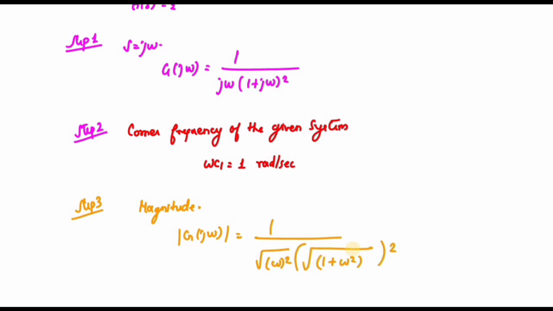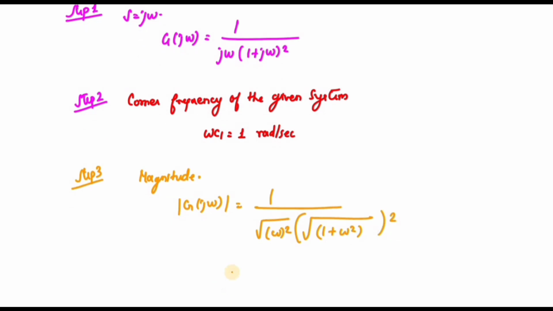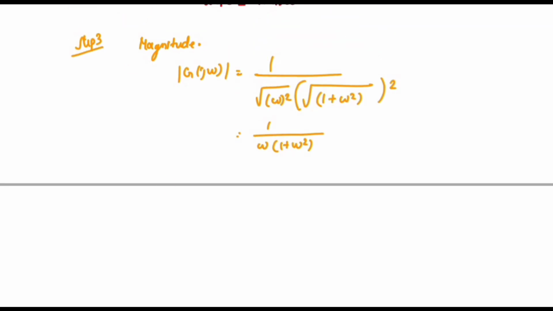On solving this, you will get 1 / (ω(1+ω²)). If you want, you can also write it as 1 / (ω + ω³).